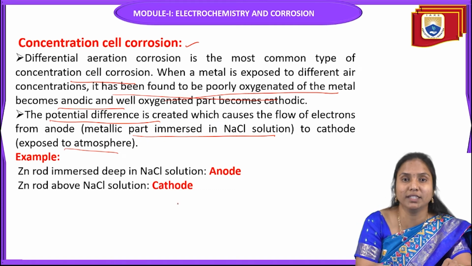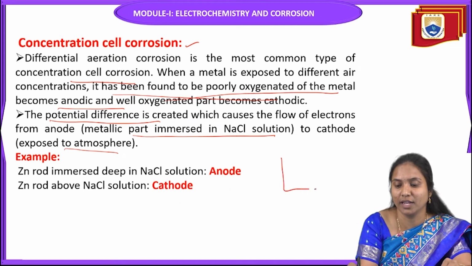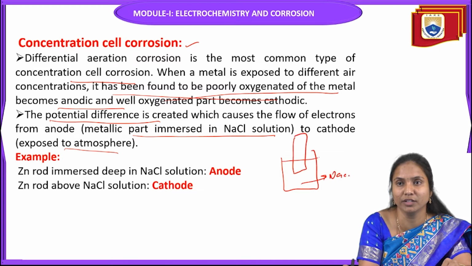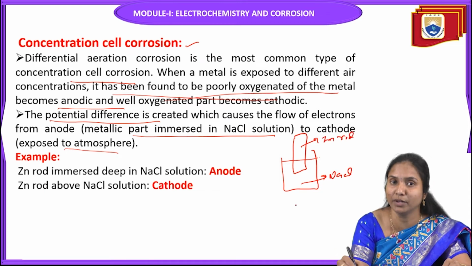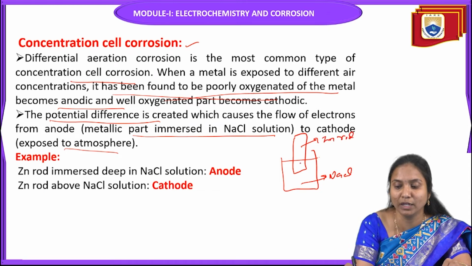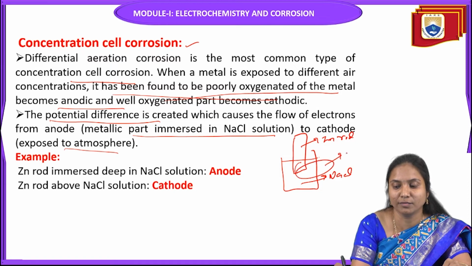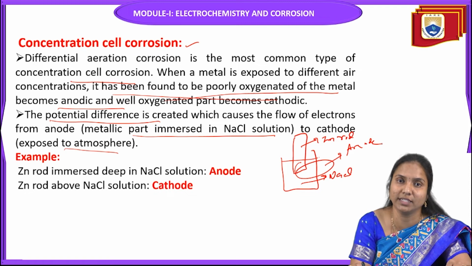For example, a zinc rod dipped in NaCl solution. Here, the zinc rod is partially dipped in NaCl solution. Below this level, this part acts as anode because it is a poorly oxygenated area.